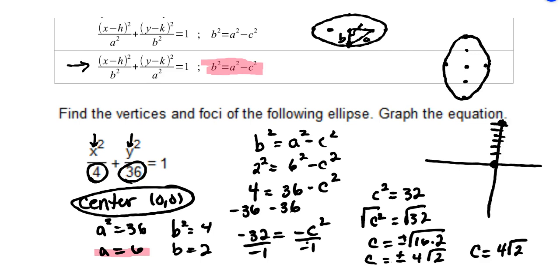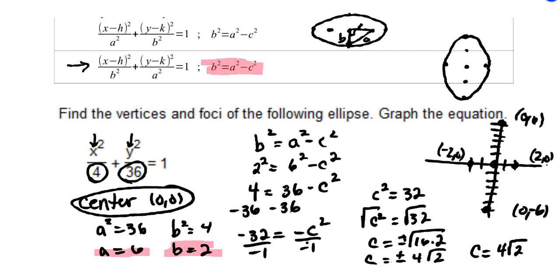So we would have a vertex at (0, 6), and we're going to go down 6 as well. The vertex is (0, negative 6). For your minor axis vertices, those would be left and right 2, because b is 2. So the minor vertices would be at (2, 0) and (negative 2, 0).